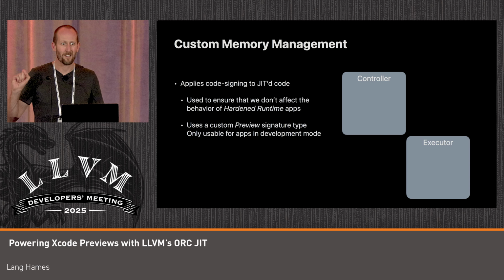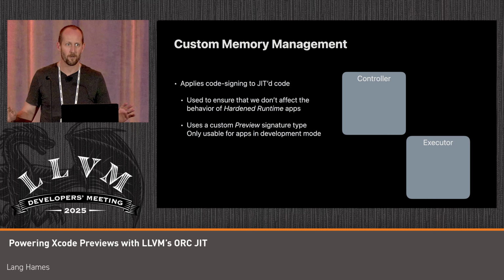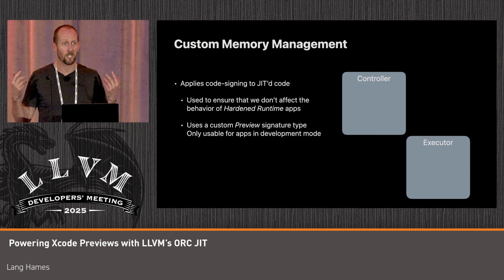It is only applicable for programs that can have the debugger attached. So we're not weakening the security of the hardened runtime. You can't use this in arbitrary places. But what it means is that when we load code for the JITted preview, we're loading valid signed code, and the hardened runtime is happy.